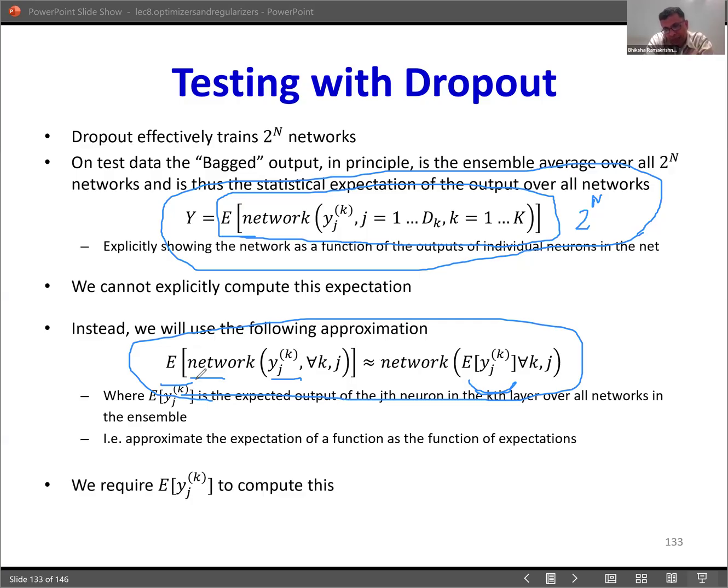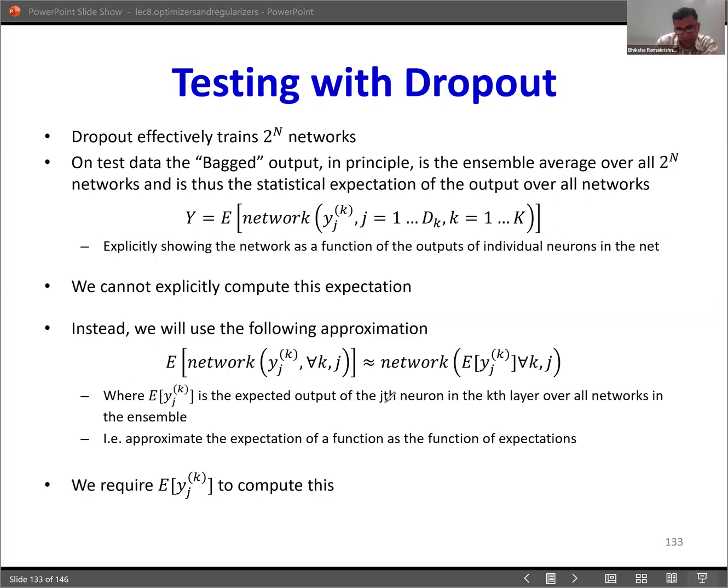Is an expectation of a function the same as the function of an expectation? Is the average of x squared the same as the square of the average of x? It's not, right? So this is not going to be true. Almost certainly never going to be true. Nonetheless, we're going to use this approximation because it makes things feasible.